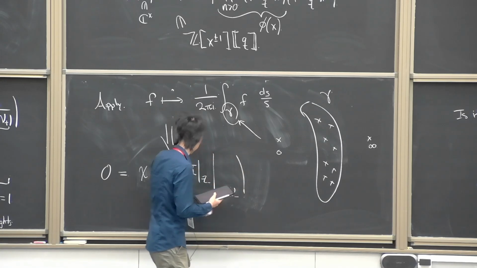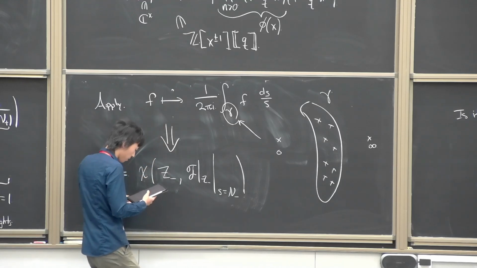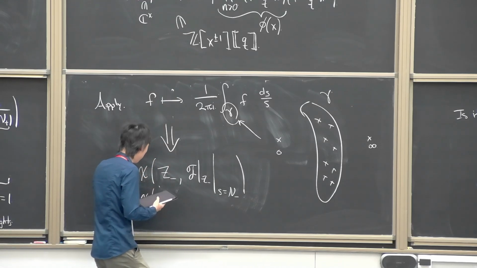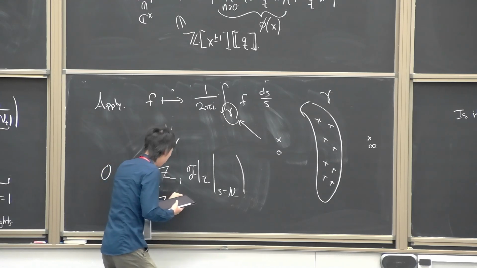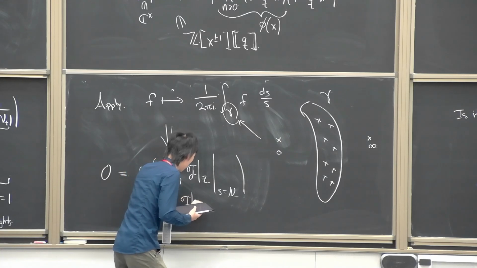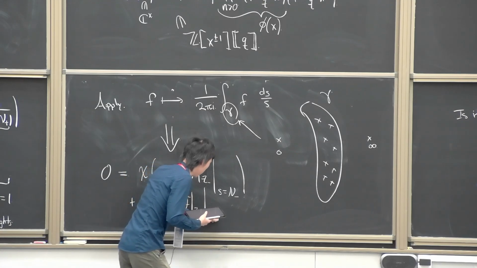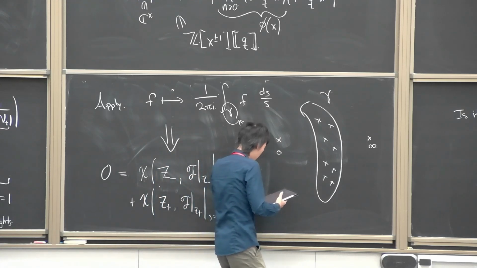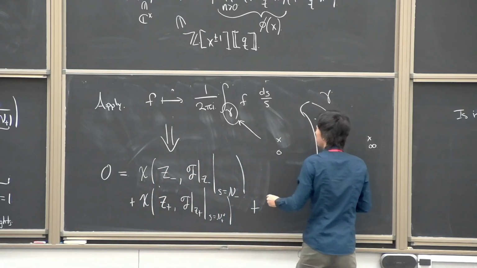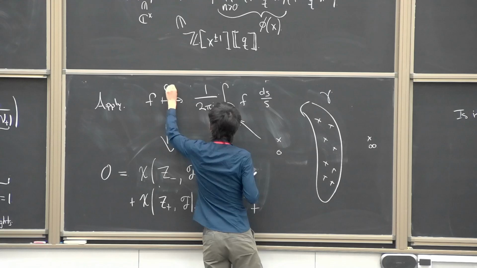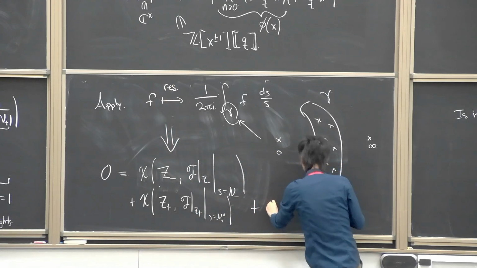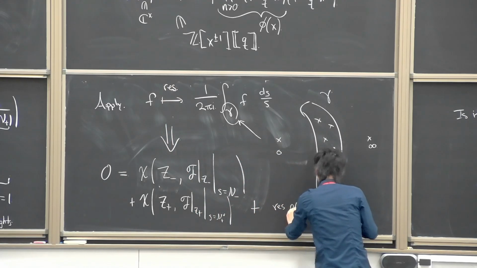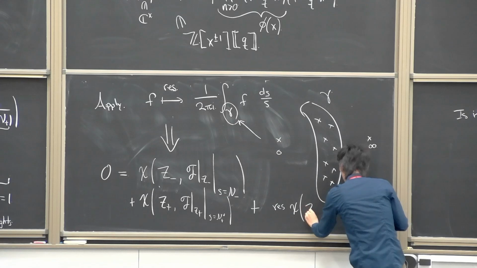Similarly, you'll get the same kind of contribution for Z plus, where s is specialized to something. And then you're going to get some complicated term. So let's call this map res. You're going to get some complicated term, which is the residue of this stuff over Z naught.